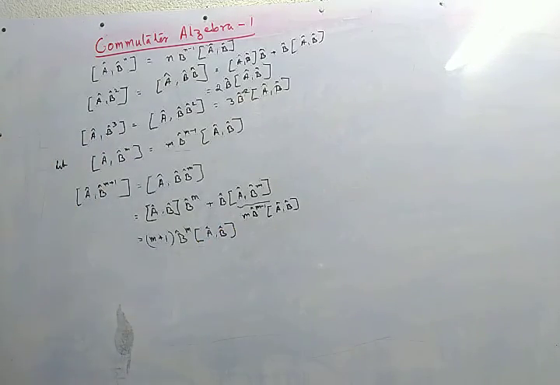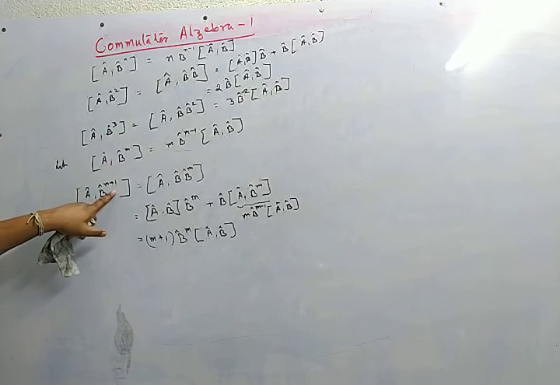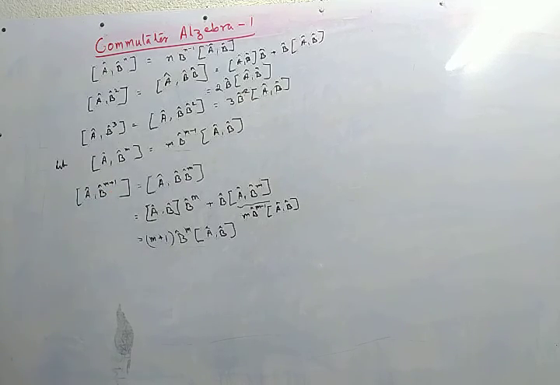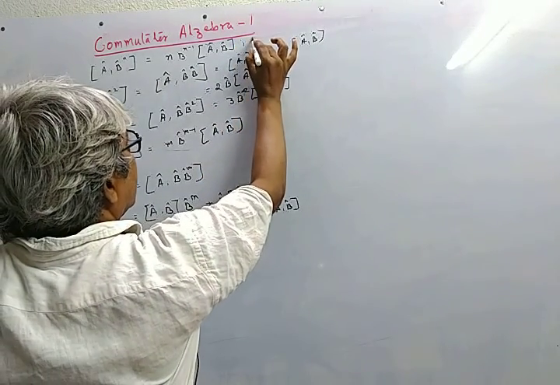So what we see is that the relation is valid for n equal to 1, 2, 3, and if the result is valid for n equal to m, then it is also valid for n equal to m plus 1. So as per the method of induction, it is valid for all integral n.